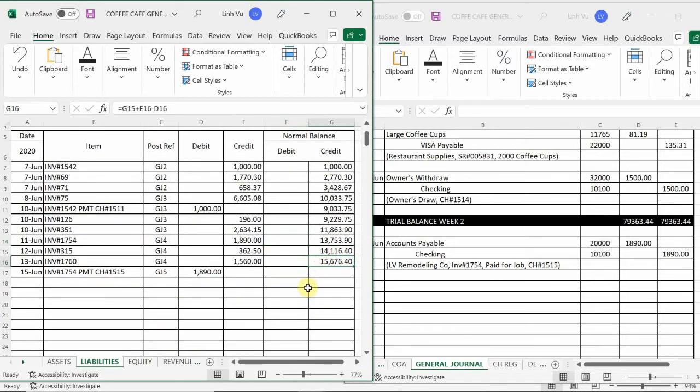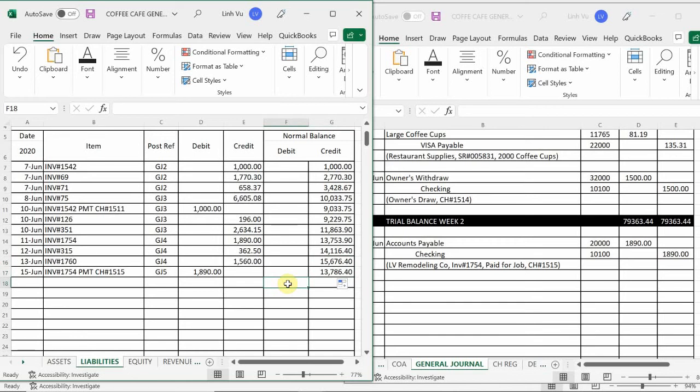If I started with 15,676.40 and I just paid 1890, how much do I owe now? $13,786.40. Good.